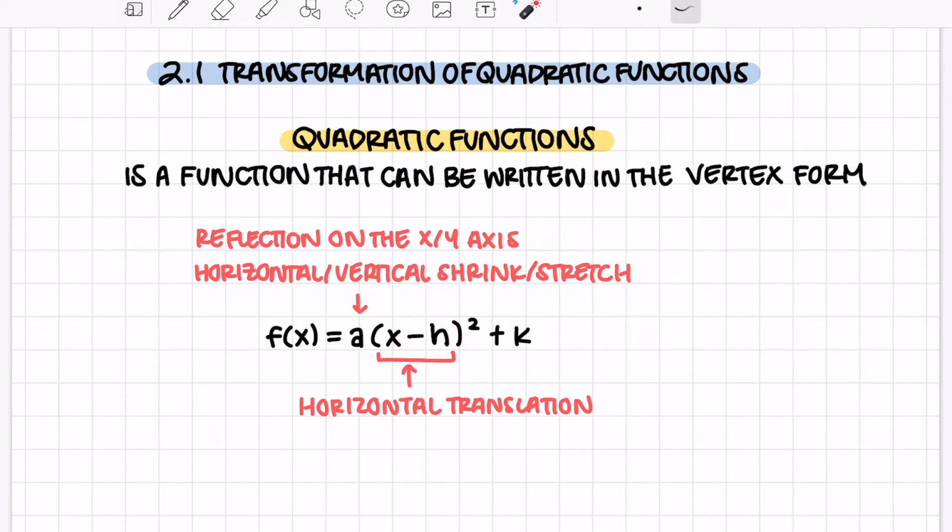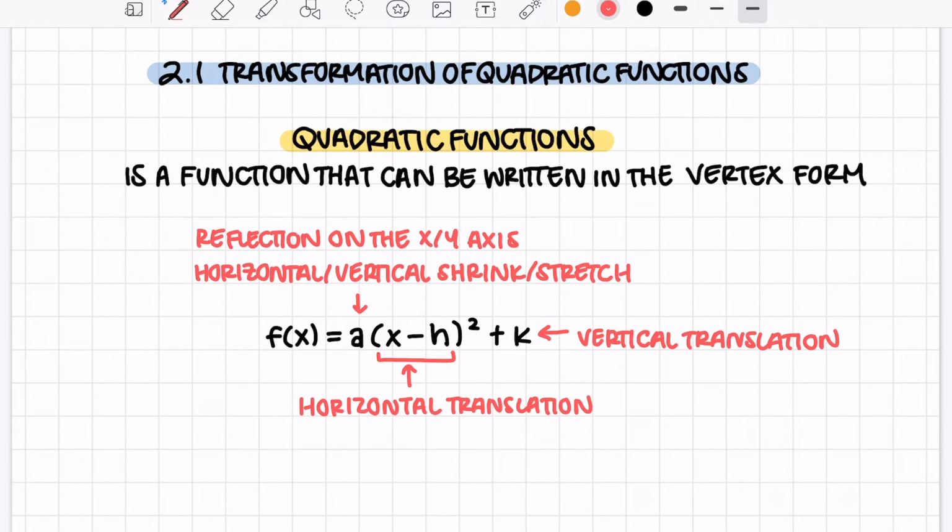The other one is the k value. The value that is on the outside of the x squared tells us if we have a vertical translation, and that just tells us if we're moving up or down.